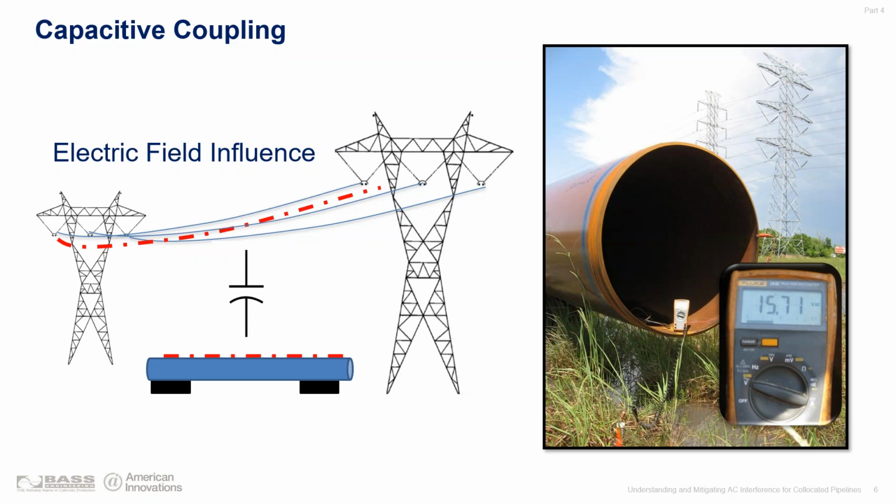Fortunately, this is a very easy problem to mitigate. You just need to get a metal rod, drive it into the ground, and that's going to be your grounding rod, and then go to your truck and get some jumper cables and just make a connection between the pipeline and that grounding rod. And any energy that you have stored on this pipeline is going to get diverted into the ground.